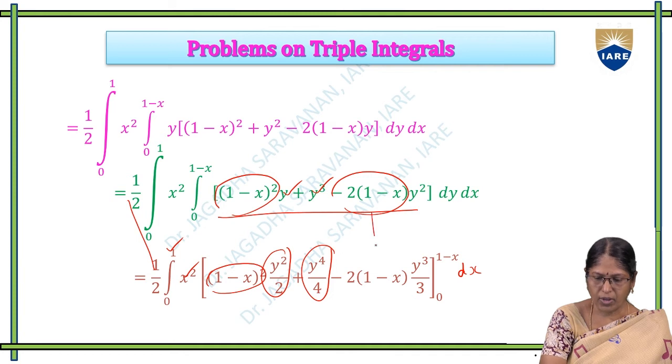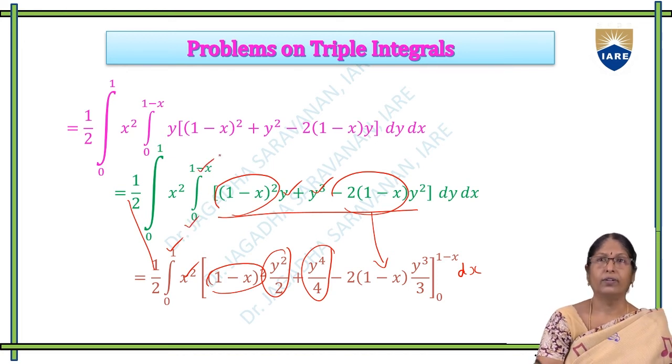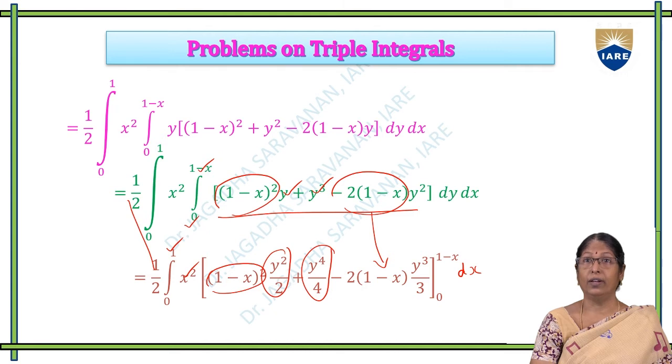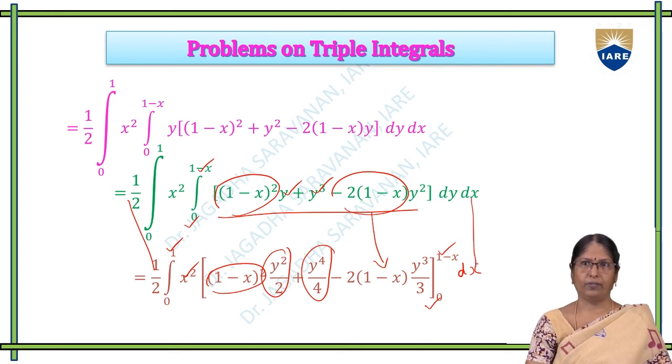This we didn't touch, as it is we have written. The y square integration is y cube by 3. With respect to y, the lower limit is 0 and the upper limit is 1 minus x. This dx as it is.